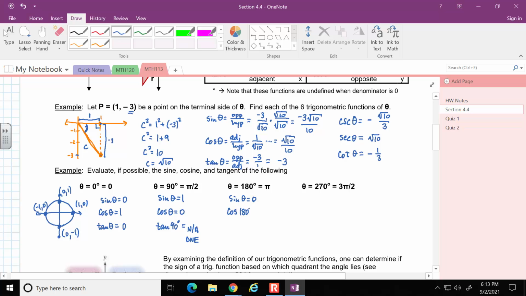Cosine of 180 is equal to the x-coordinate, which is -1, and the tangent of 180 is 0 over -1, or 0. 270, you keep going, sine of that is the y-coordinate here, so -1. Cosine of theta is 0, x-coordinate, and the tangent of 270, or 3 pi over 2, is -1 over 0, so it does not exist again.